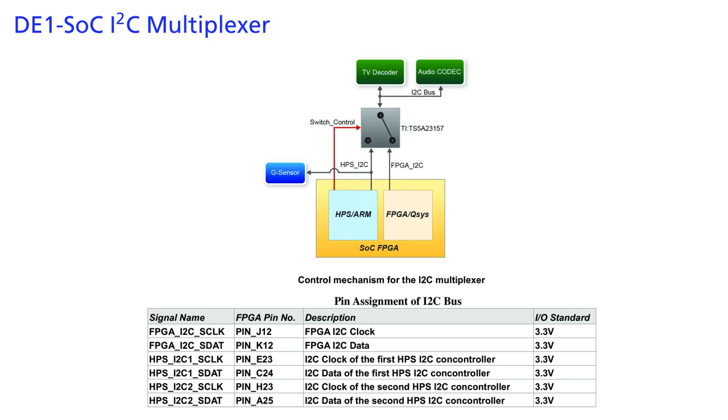Regardless, there is this switch control signal that goes from the HPS world, and you need to find that and set it appropriately, and it controls a switch that determines whether the I2C bus comes from the FPGA world or the HPS world. Do make sure you have this working, because without it you will not be able to configure the audio codec appropriately.